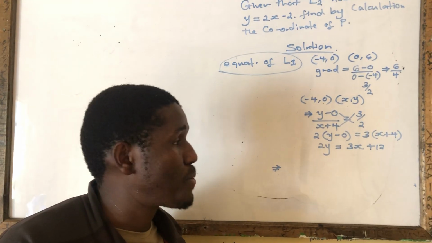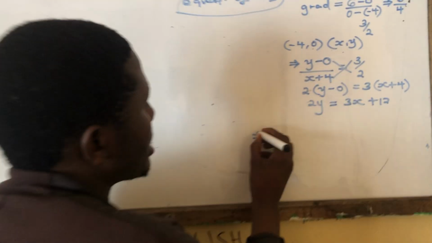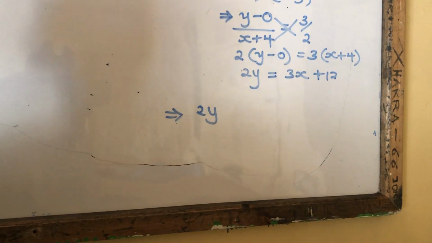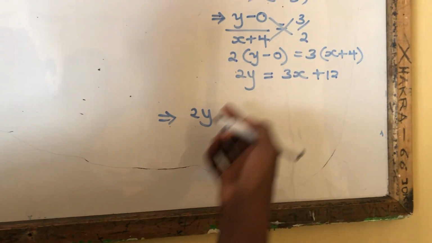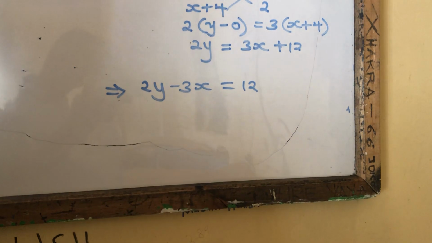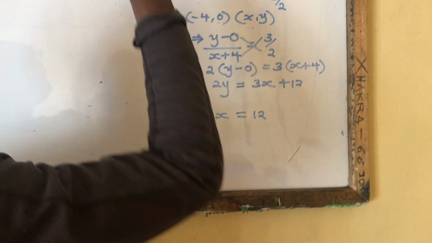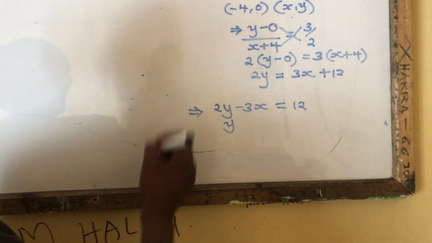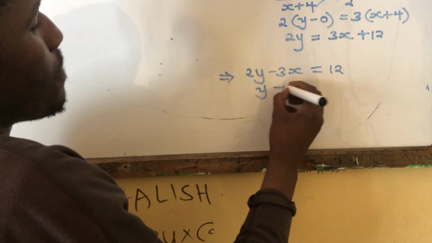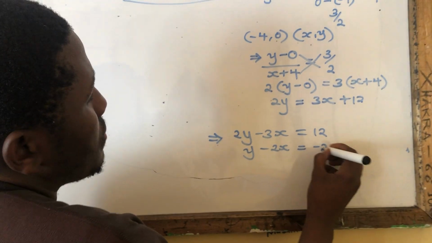This is 2y. Allow me to carry the 3x over to become negative 3x is equal to 12. Then for the second equation, I will have y, carry the 2x over, minus 2x is equal to negative 2.